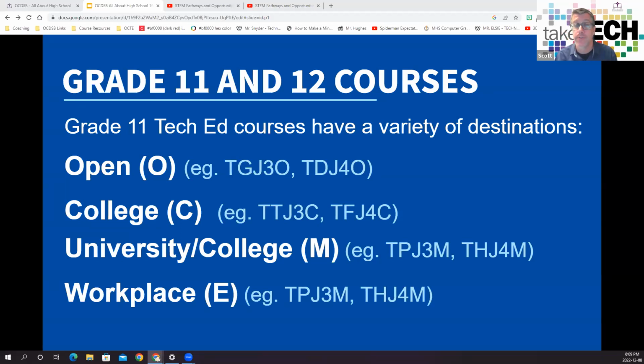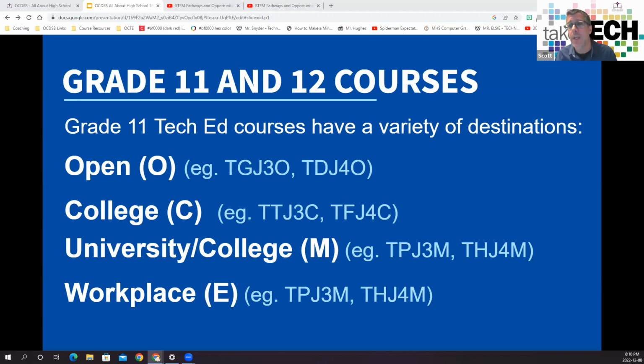Anybody can take it. So grade 10, grade 11, if you have a course, let's say TGJ3O, it's open, no prerequisite, anybody can take it. The other ones are, if you're going the college stream, then you would take a C level course, which means you might be going to Algonquin College, and these courses tend to be a little bit more hands-on.